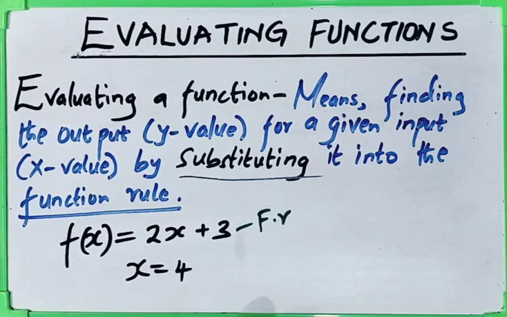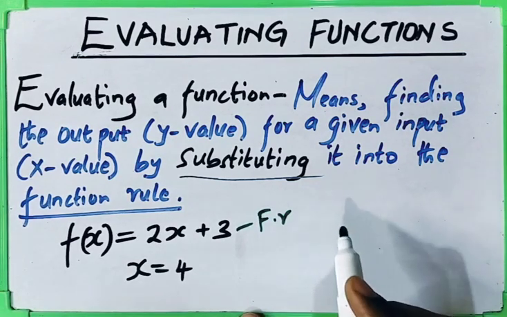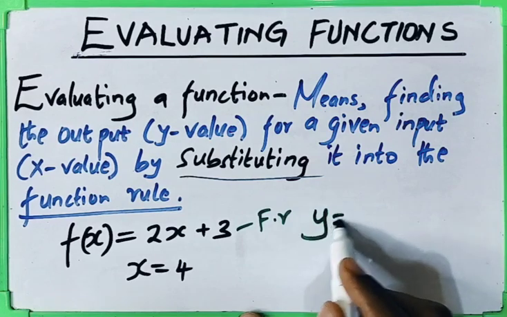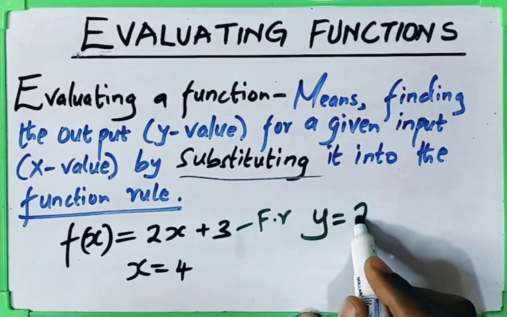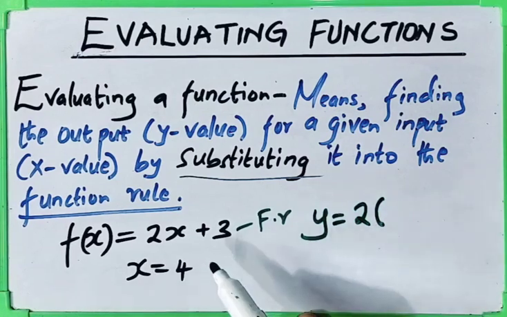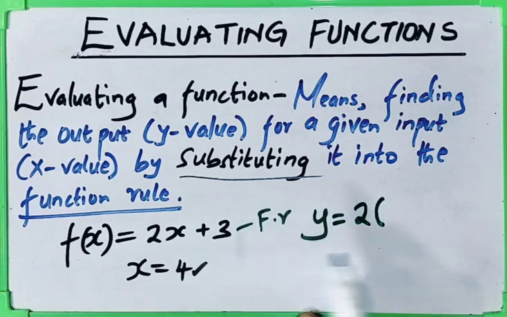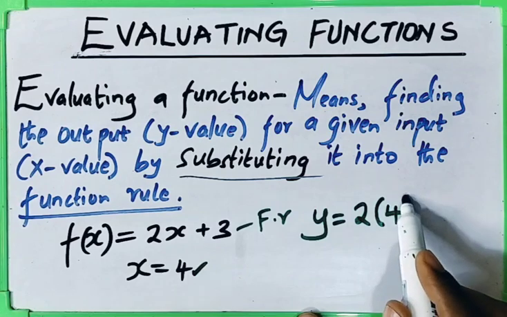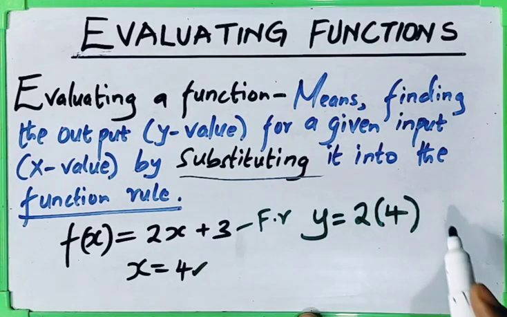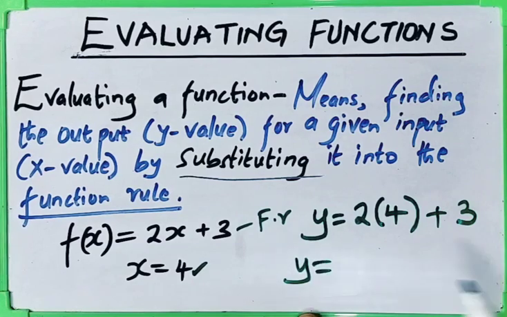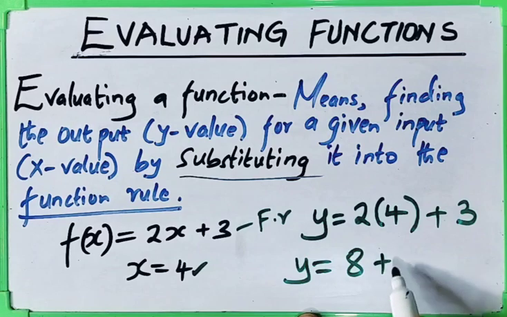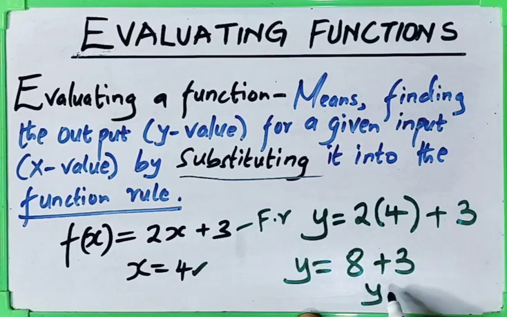So we shall say the value of y, or the output, is equal to 2 times, instead of x, we put 4 there, then plus 3. Y shall be 2 times 4 is 8, plus 3. So our output is 11.